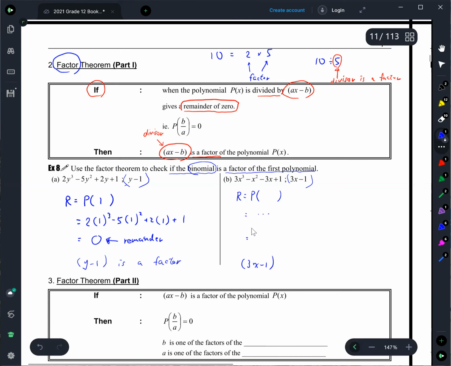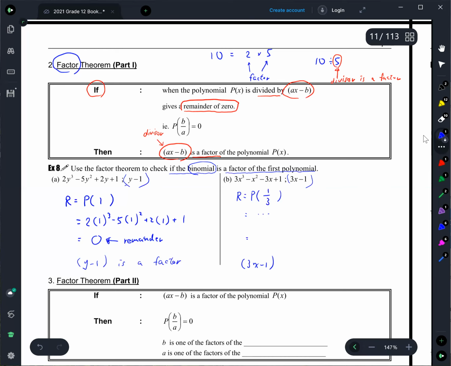Okay, please raise your hand if you found the remainder for question B. Okay, Chris, what's the number we should sub in? 1/3.